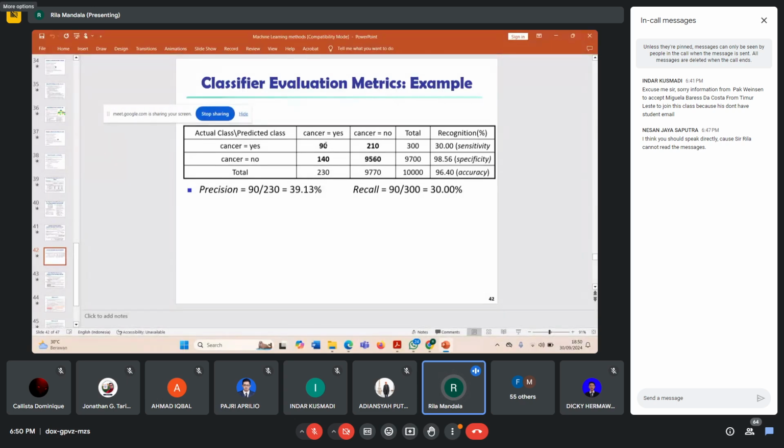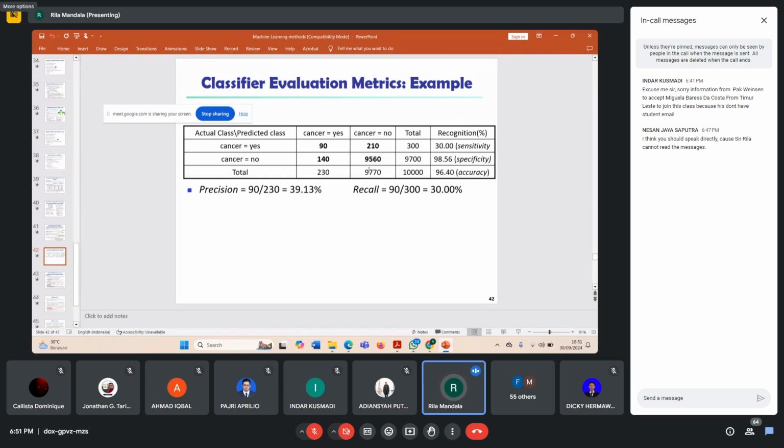Okay, so the accuracy is 90 plus the true negative, 9,560, divided by the whole training data. This will be 96.4. So this is an example of imbalanced data.